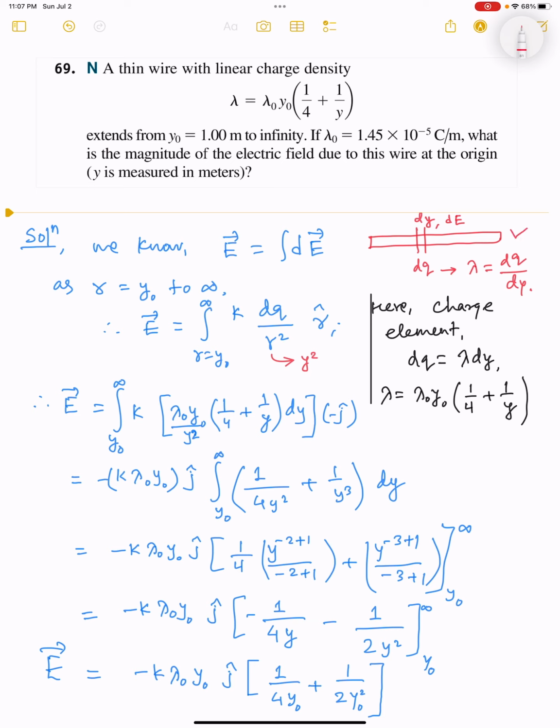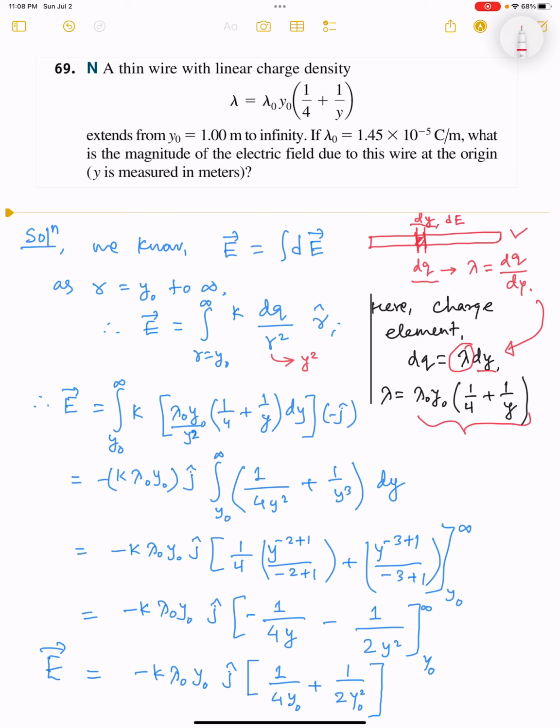Suppose this is a small region that represents dy and which contains the charge dq, so that the charge density can be expressed as dq over dy. So dq, the small charge element, equals lambda times dy, where lambda is given.